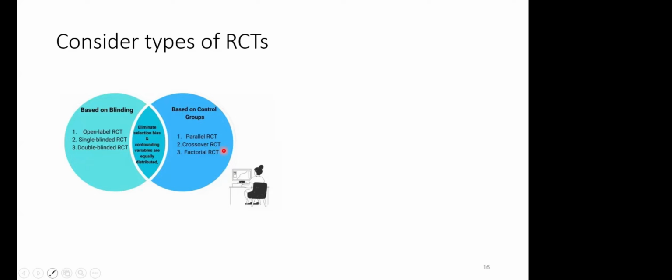Say we have intervention A, and then we have intervention B. There's also an option of combining both A and B. So basically we'll have 3 intervention groups: either A alone, B alone, or both A and B. The control will have neither A nor B. Now we'll be comparing those receiving only A to the control, those receiving only B to the control, and those receiving both A and B to the control.